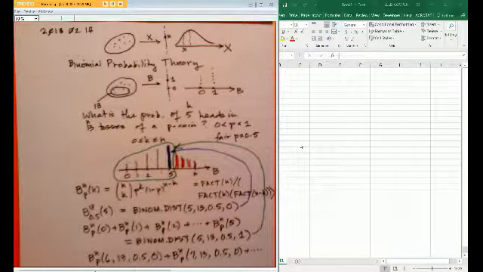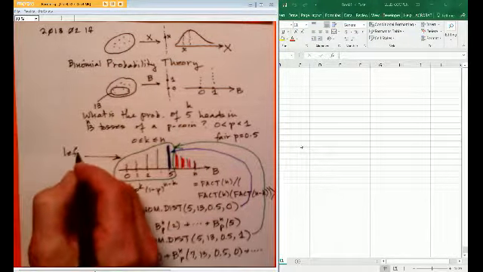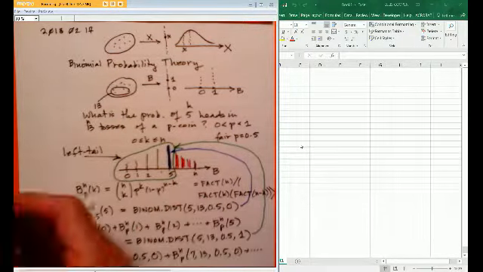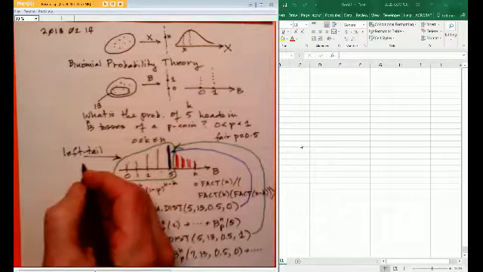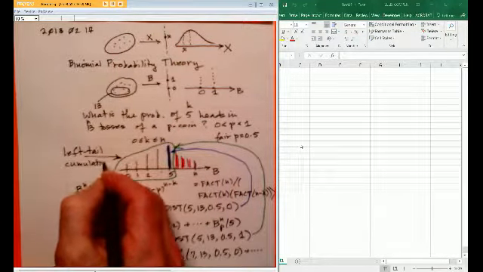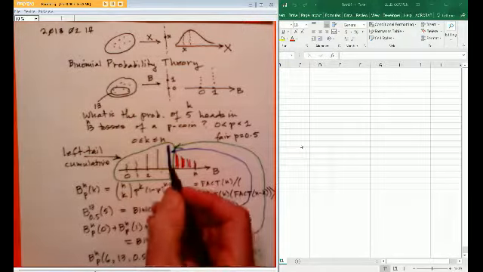But in Excel, the BINOM.DIST function only calculates left tail cumulative probabilities. Left tail means from a certain point going to the left, and that's a left tail cumulative probability. So that's a little bit of a problem if you wanted to do this red part here.